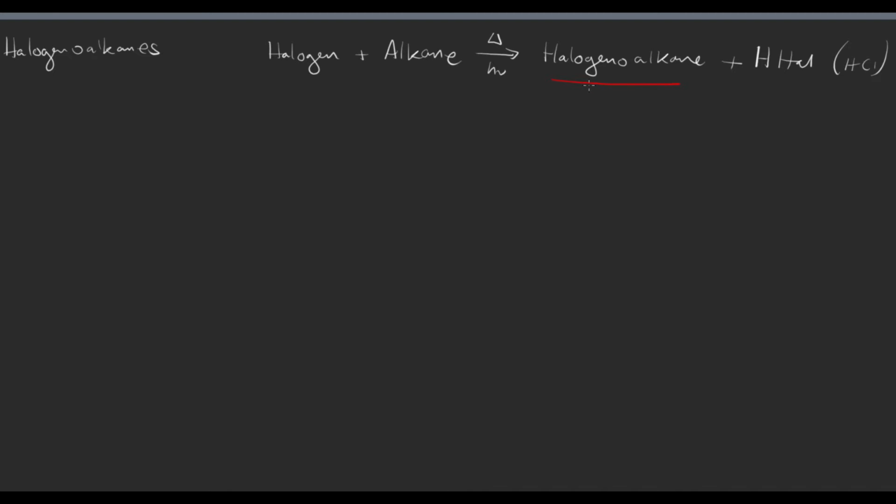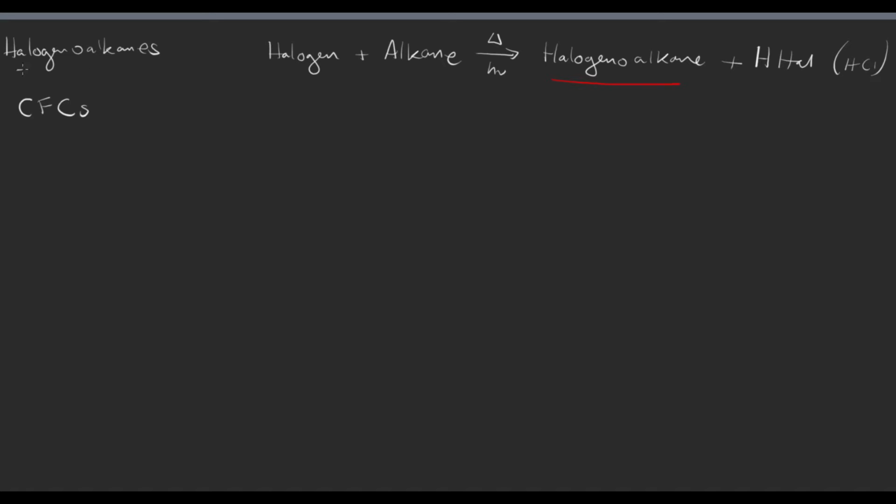So these are important chemicals. You might recognize one of the most famous classes of halogenoalkanes, which are chlorofluorocarbons, or CFCs. And the chlorofluorocarbons were responsible for the degradation of the ozone layer. And we'll talk about the chemistry of that in the third lecture in the halogenoalkanes set.